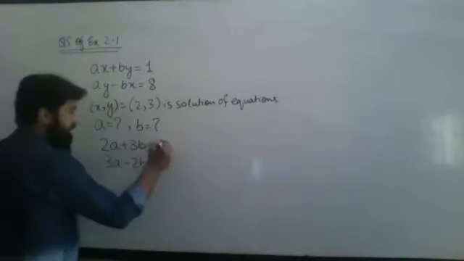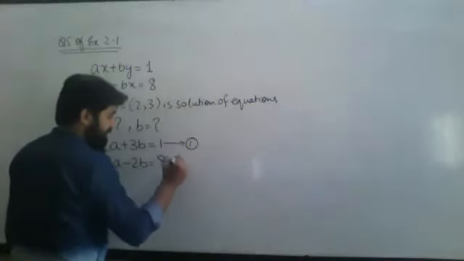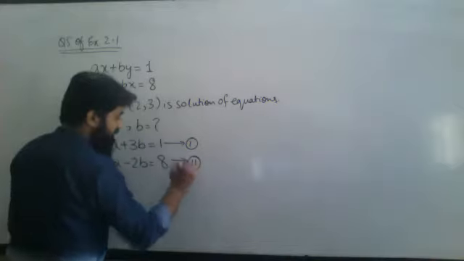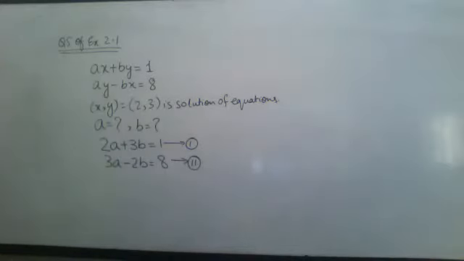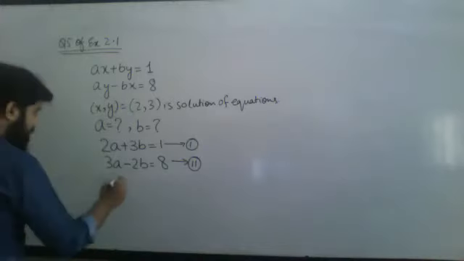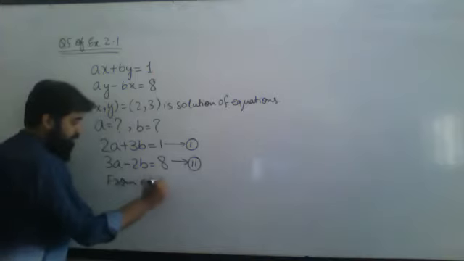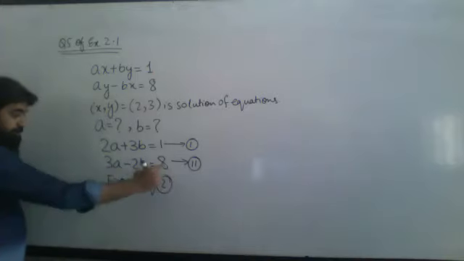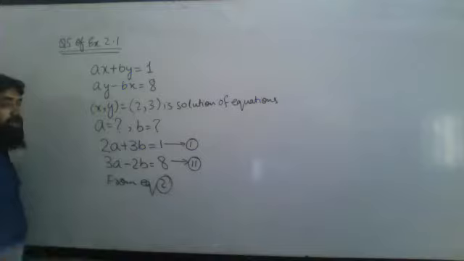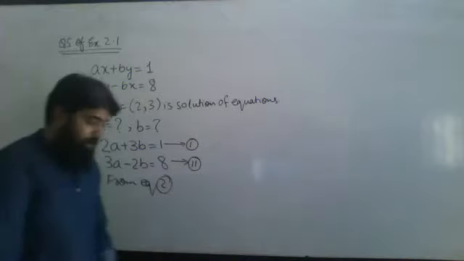And I will be using the substitution method to solve these equations. From equation number 2. What is my equation number 2? 3a minus 2b equals 8. That's my equation number 2.